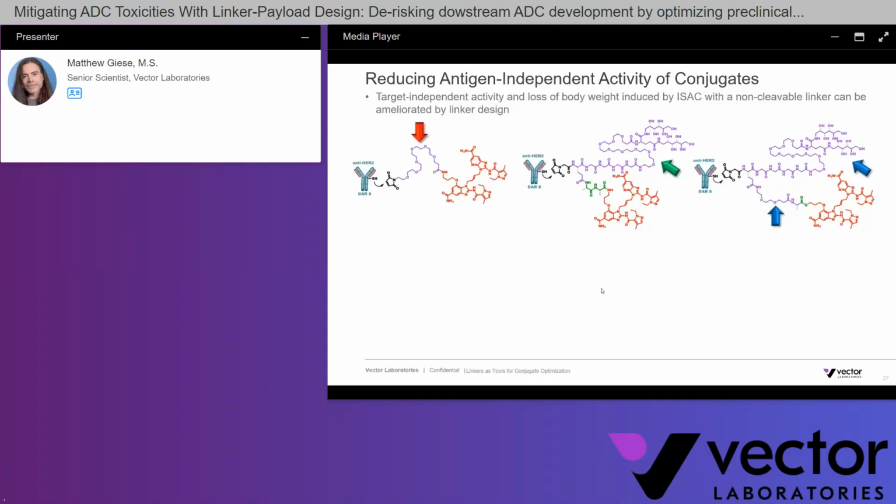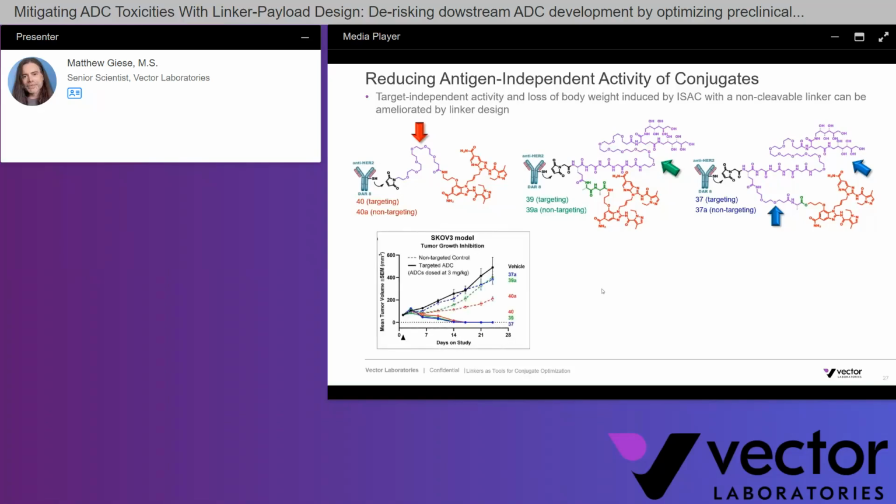And then these 3 linker payloads are conjugated to both targeting and non-targeting antibodies to look for both antigen-dependent and antigen-independent activity. So when the targeting conjugates were tested for activity, they all displayed equal efficacy. So they did not differentiate on the level of efficacy.